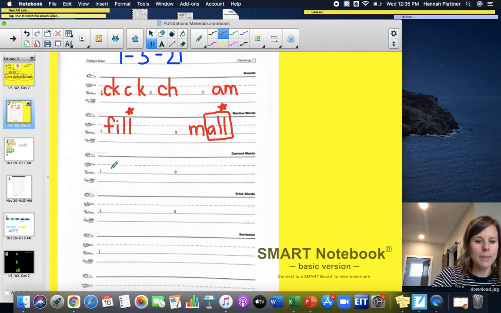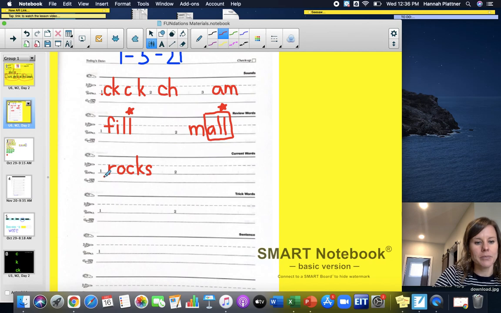I'm going to think, what is the base word? The base word is rock. I know I use CK after one short vowel in a one-syllable word. And I'm going to add my suffix, rocks.